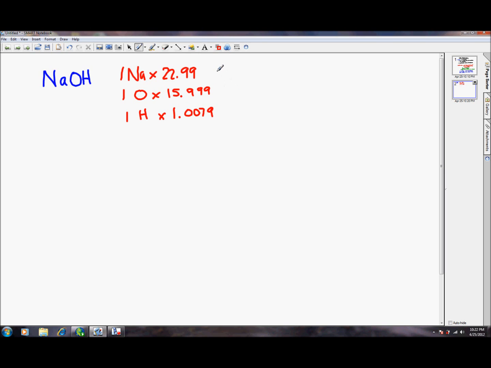So what we're going to do now is do the sum. For those of you that take a little math, you know that that's sigma, which means sum of. So all I'm going to do right now is take my calculator out, and I'm simply going to add those 3 molar masses together.